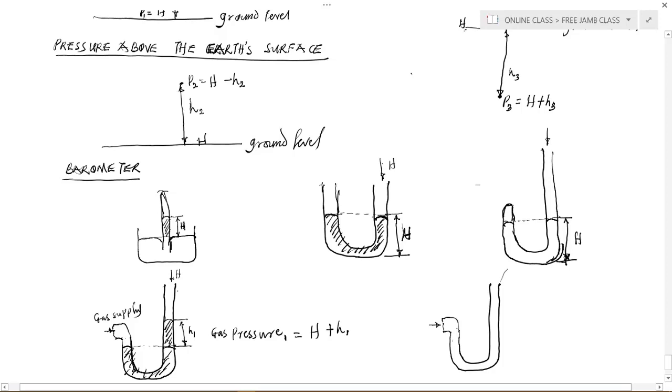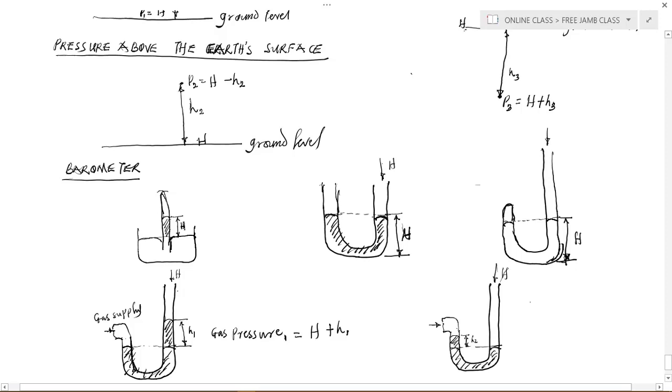We now find that it was like this before, level, then atmospheric pressure acts downward like this. But this now rises up at the side of the gas by a height of H2.